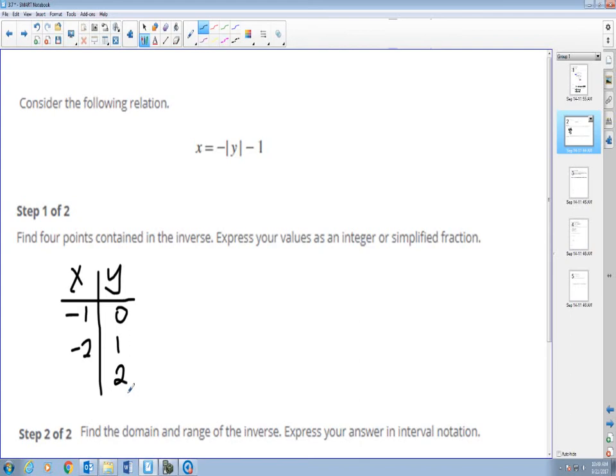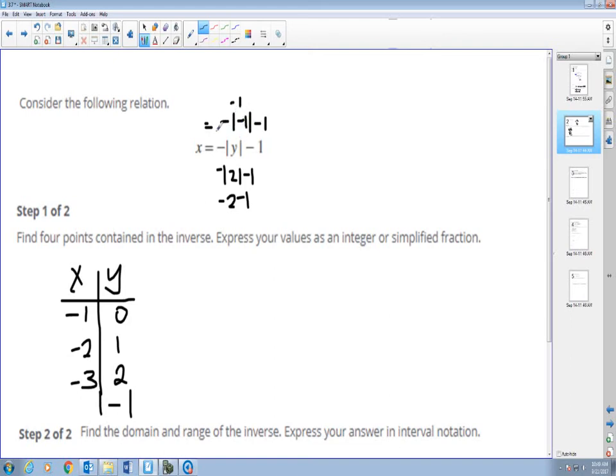Pick y equal to 2. Negative absolute value of 2 minus 1. Absolute value of 2 is 2. The negative sign in front makes it -2, minus 1, which is -3. I'm going to purposely pick a -1 for y. So that would be negative absolute value of -1, minus 1. Absolute value of -1 is 1.